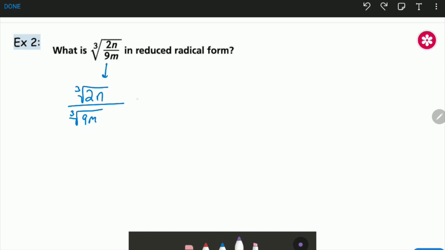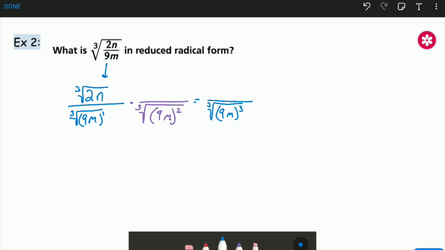In other words, we want to multiply the bottom of this expression by the cube root of 9m squared. Because currently over here there is 1, and then when you multiply them, you would add the exponents, making it the cube root of 9m to the third. So this is one approach we can take for these problems.